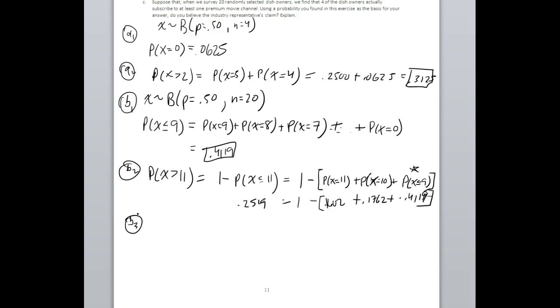Okay, B3. Fewer than 5 dish owners in the sample subscribe to at least one premium movie channel. Fewer than 5. So the probability that x is less than 5.